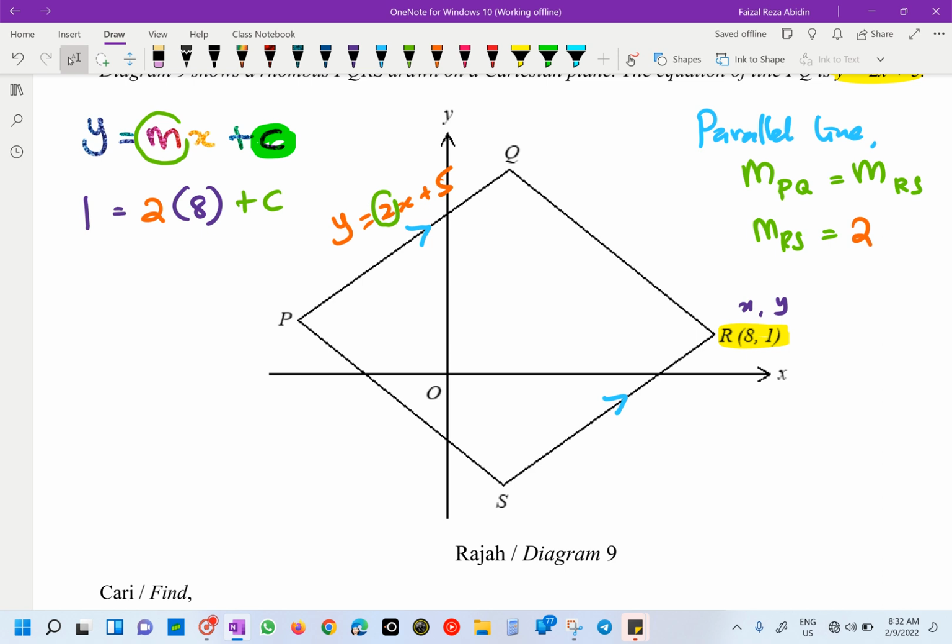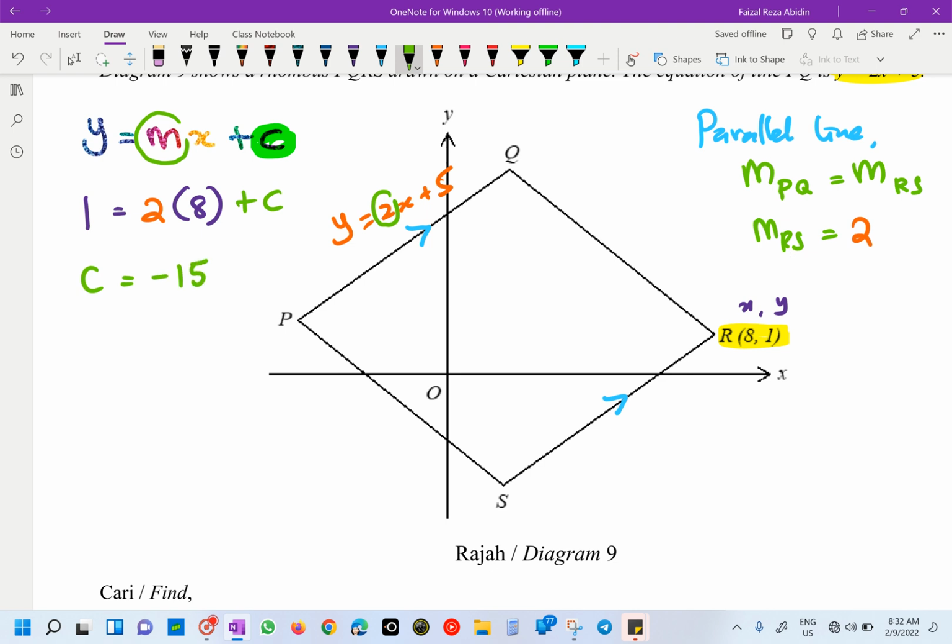Okay, so we can find our c, isn't it? Yes. So c is going to be 8 times 2, which is 16. 16 bring to the left is going to be negative. Negative 16 plus 1. So your c here is going to be negative 15.